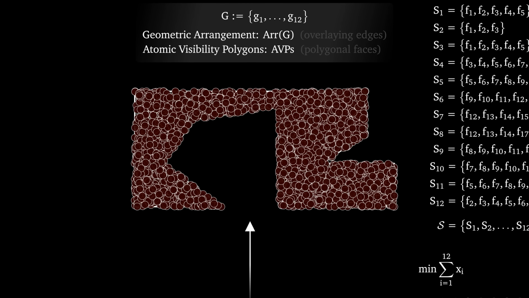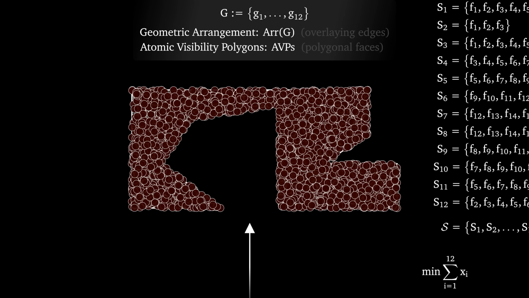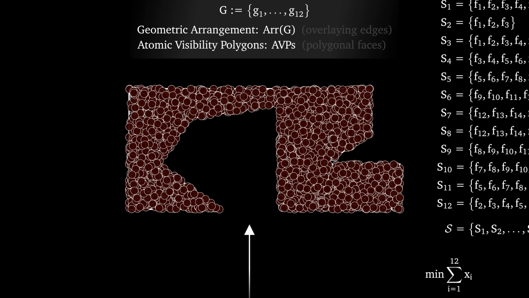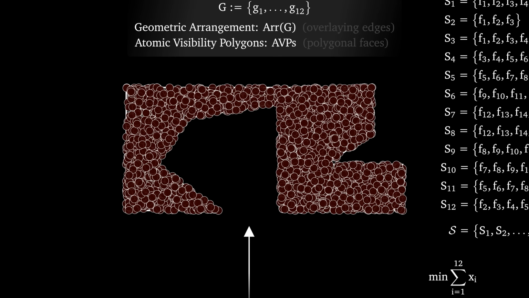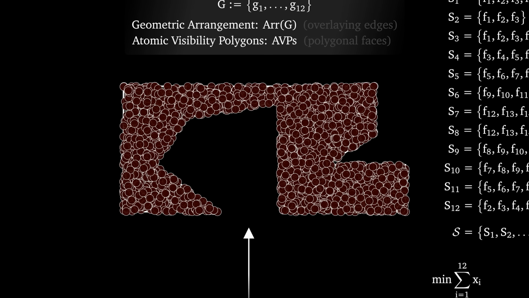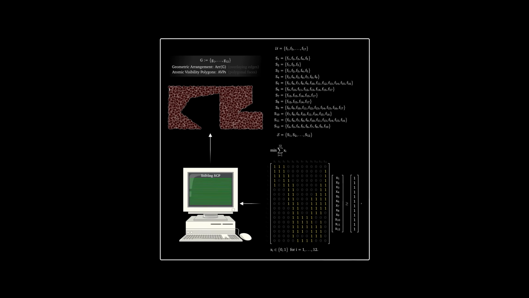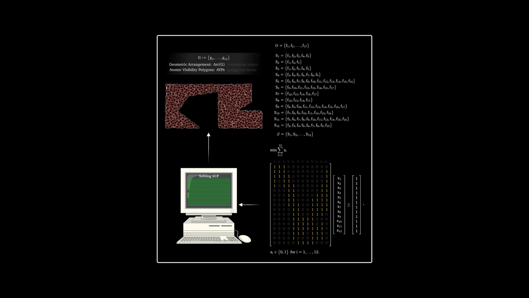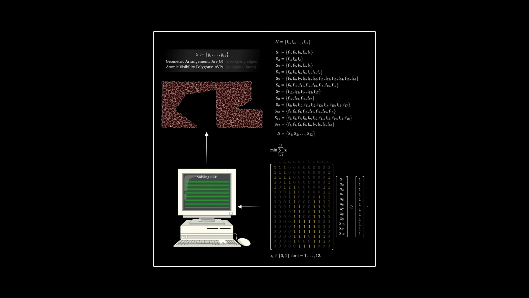Well, there are two major reasons why this is not so straightforward. First of all, the arrangement can become very complicated with many guard positions, leading to an obscene number of faces inside the polygon, which can even cause numerical problems as some faces may become extremely small. Furthermore, an extremely large set of possible guard positions makes the resulting optimization problem much harder to solve, since there will be way too many variables in the ILP.